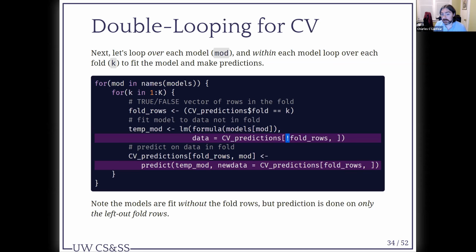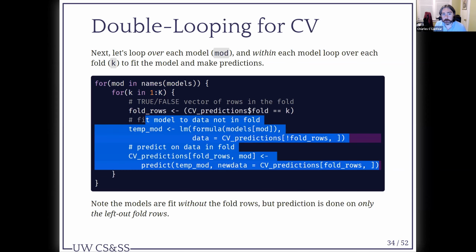So the model is fit using not the fold rows. The predictions are made using only the fold rows. This is complicated, but it's magical because it's doing a lot of stuff. So if there are 4 different models and there are 10 different folds, how many times is all this code running in here?